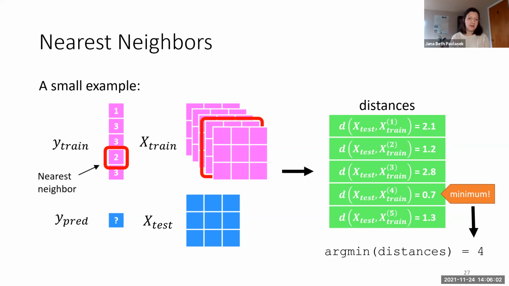So its nearest neighbor is this 4th image, and that has label 2. So we can go ahead and update the label of X test to be 2, the same as its nearest neighbor.